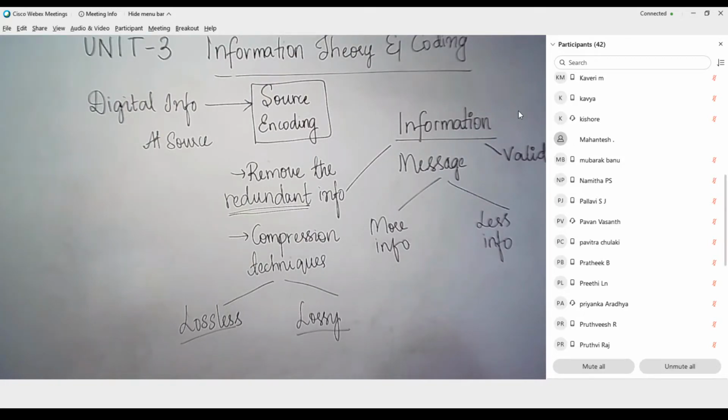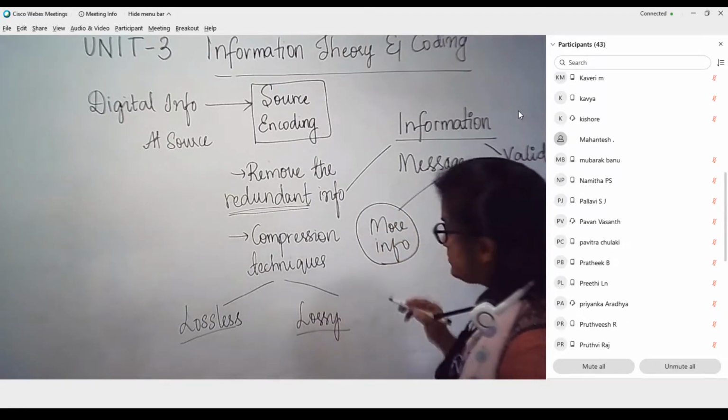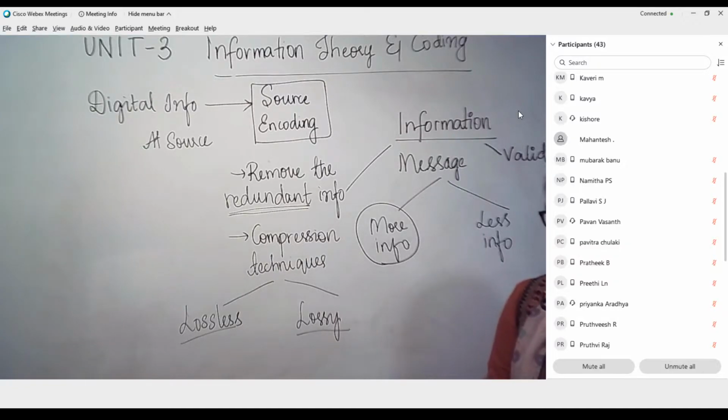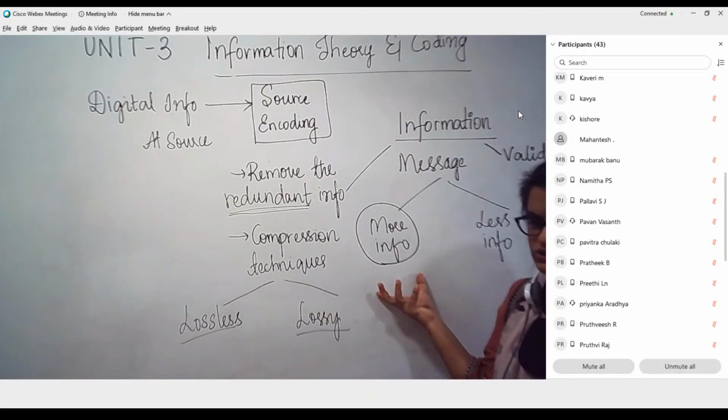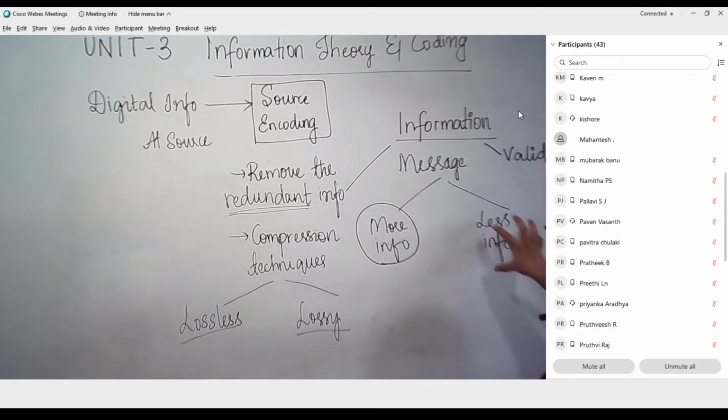That is a message which consists of more information, because the earthquake is less likely to happen here, and there are other reasons that contribute to this conveying more information to me. The content is more. Coming to less information, I say that the sun rises in the east. It is a known fact. It carries no valid information to me because I already know.